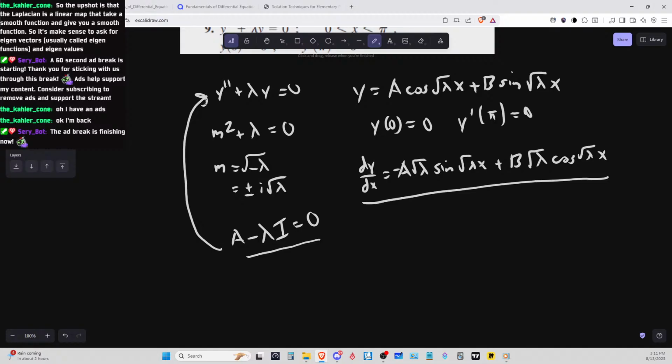Because the thing is that this is the second derivative, right? So what would the matrix be in that case? Would it be dy/dx and then d second, I probably should write that better.